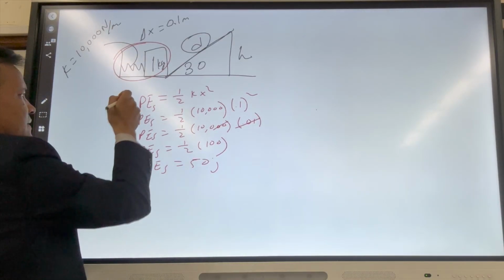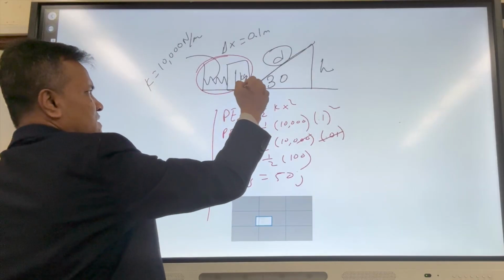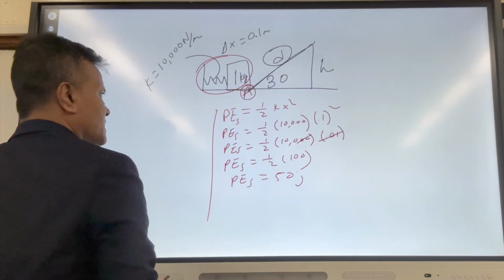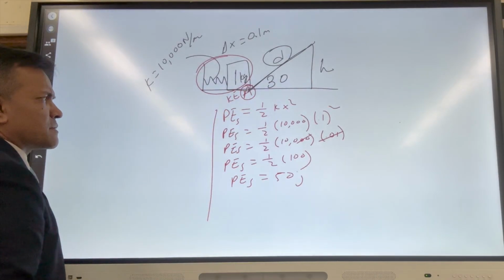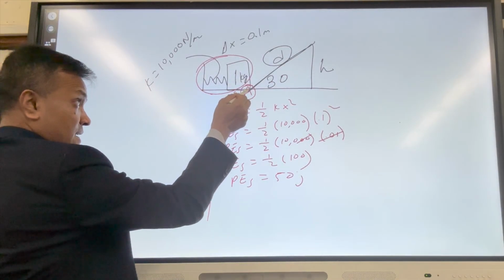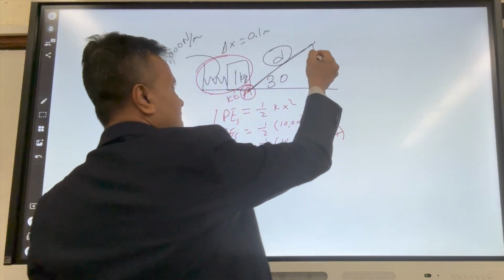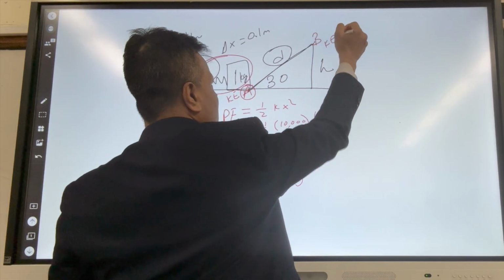Right now, try to understand at location A, right? What type of energy do we have? Well, kinetic energy. All the potential energy turns to kinetic energy at location A, and the kinetic energy is 0 at location B. What happened?